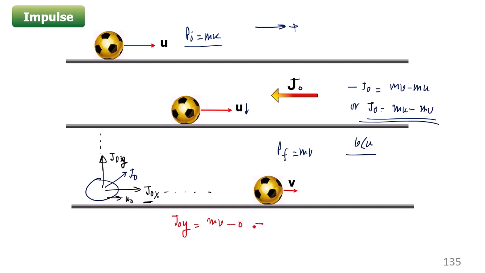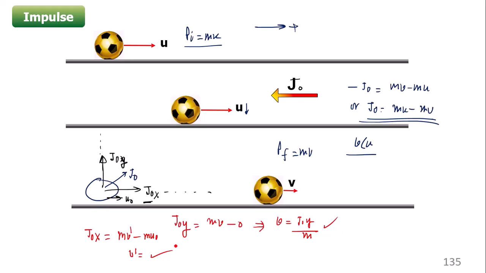Okay. So from that, v is the final velocity along the y direction, so v should be equal to J naught y by m. I can calculate that number. Similarly, if v prime is the final velocity along the x direction, then for the x component, J naught x should be equal to m into v prime minus m into u naught, final momentum minus initial momentum. From that, I can calculate the value of v prime.